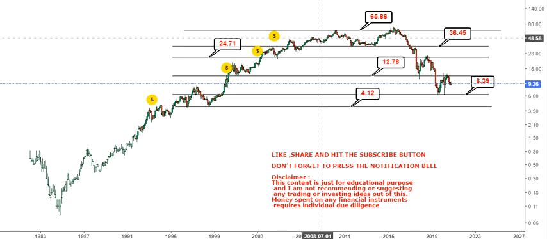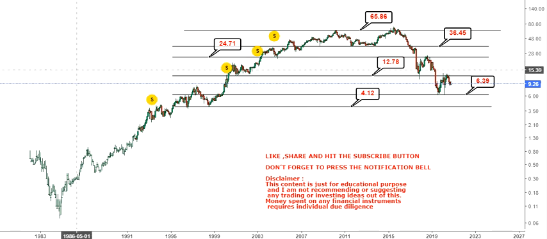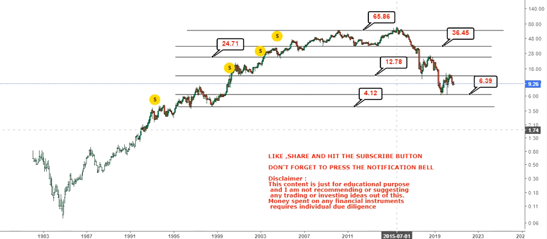If it falls below 4, then anything is possible. We are expecting much lower levels below $4, so one must be very careful. If one is very risk averse, then 6.39 is the last level.